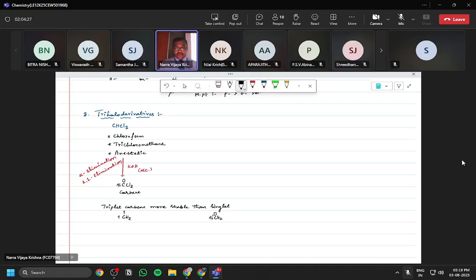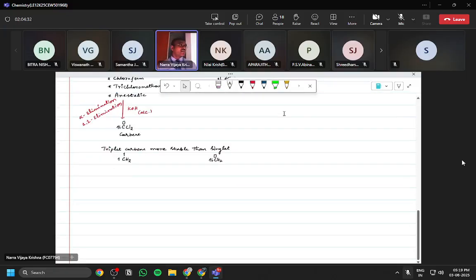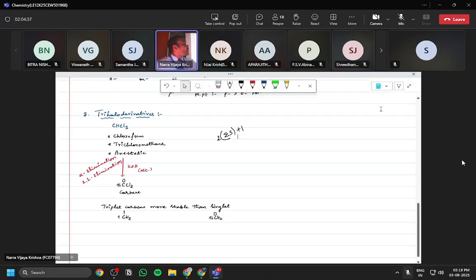And what is the spin multiplicity value? Formula for spin multiplicity: 2 into summation of S plus 1. Correct? What is the spin value? Half, half. 1. 2 into 1 plus 1. That's why it is called triplet. Here the spin value is 0. 2 into 0 plus 1. That's why it is called singlet. So where is spin multiplicity maximum? That's why we call it Hund's rule of maximum multiplicity. Where the spin multiplicity value is maximum, that becomes stable. So triplet is more stable than singlet.